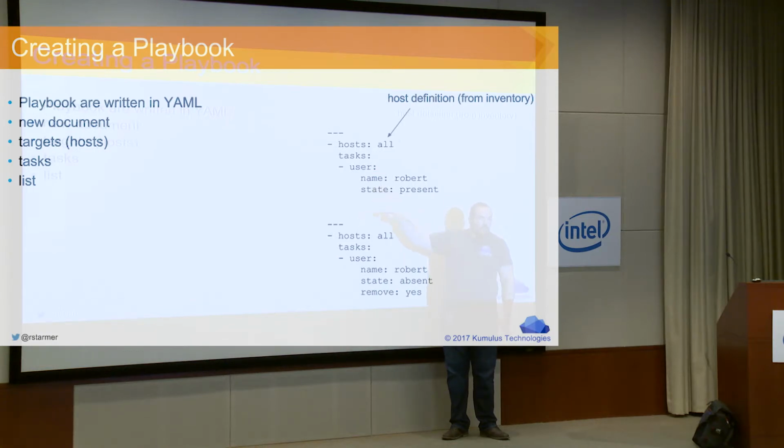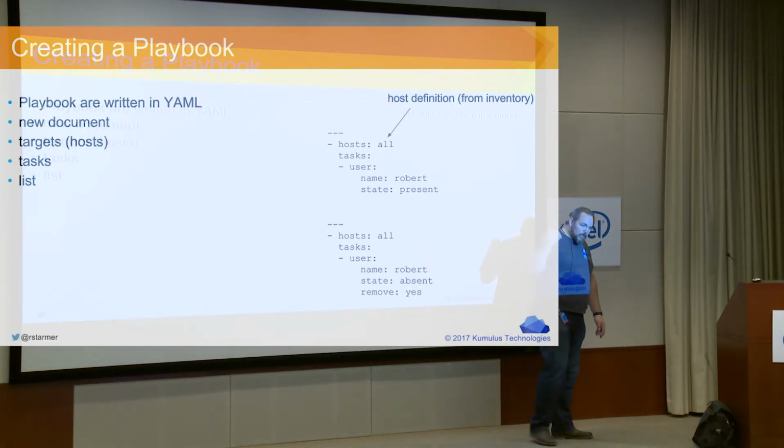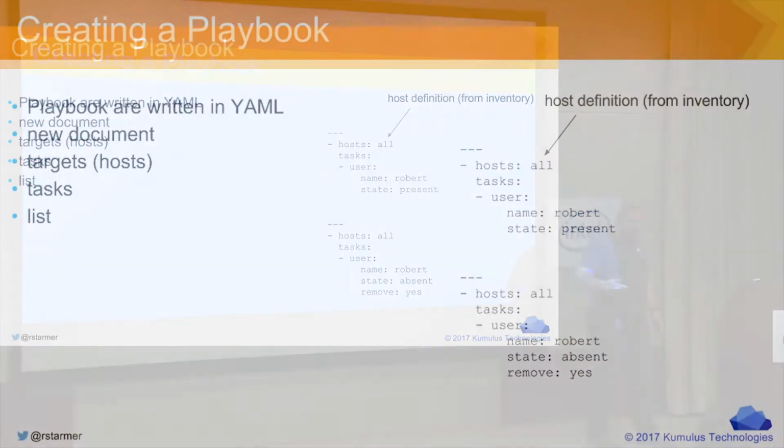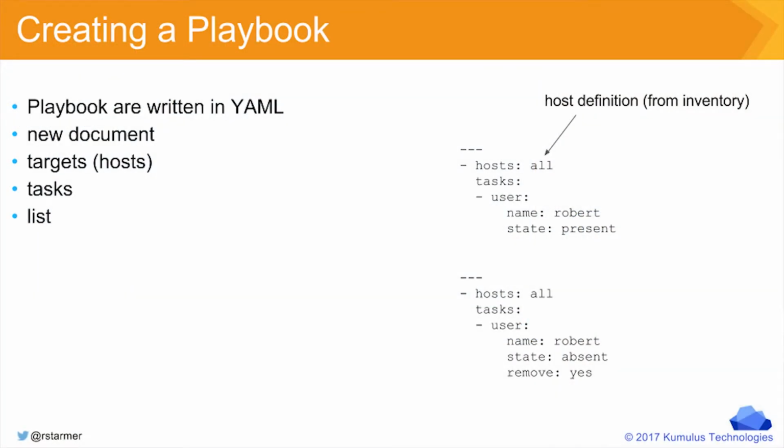Right? So this is effectively two playbooks, and I could put this in one file. If I run this, what will happen is Ansible will log into all hosts and create the user Robert, and then Ansible will continue and run this task again, and it will make sure that Robert doesn't exist. So if I run this playbook, I create and delete Robert, and I leave the system in the same state as when I started, unless Robert existed before I started.